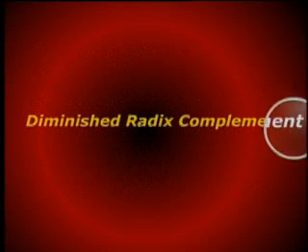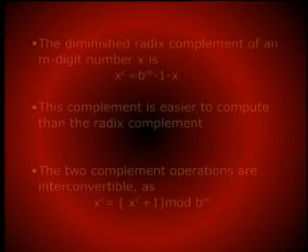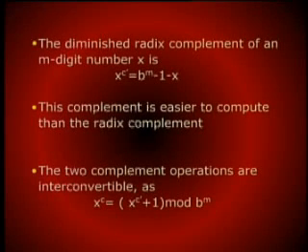The third example is the diminished radix complement representation, with m digits. The complement of x, which we write as xc prime, is equal to b raised to power m minus 1 minus x. This complement is easier to compute than the radix complement.